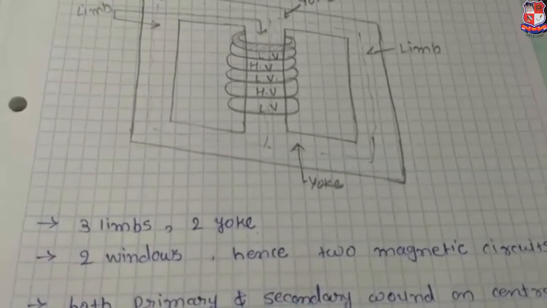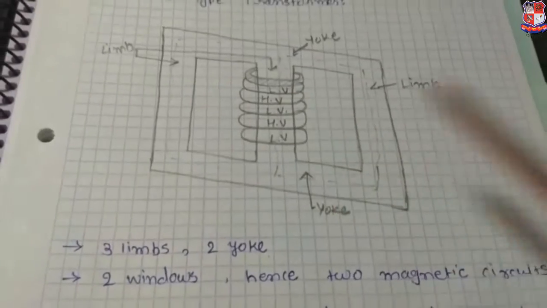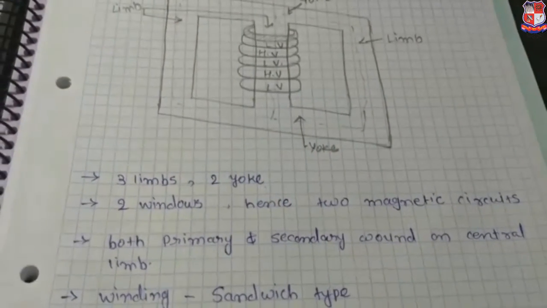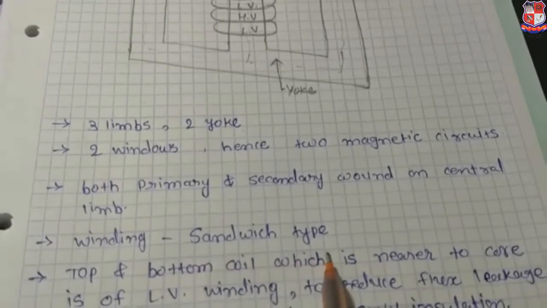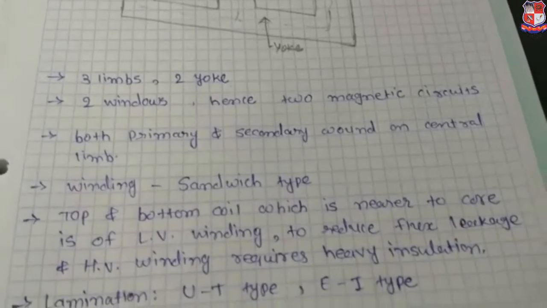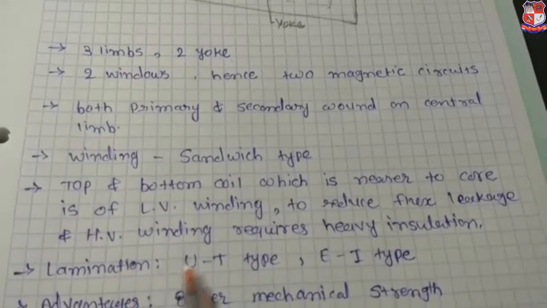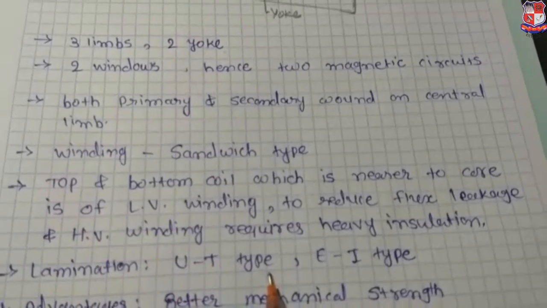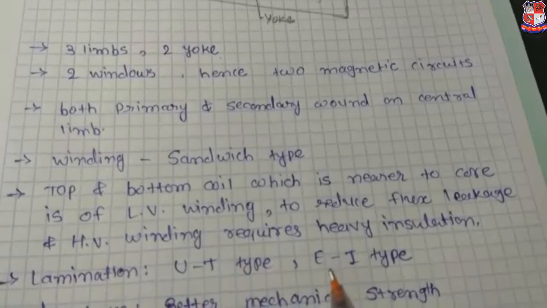This winding forms a sandwich, so it is called sandwich winding. So in this shell type transformer the winding is wound in sandwich type. Now the lamination for the core in this type of transformer can be U or UT type or EI type.